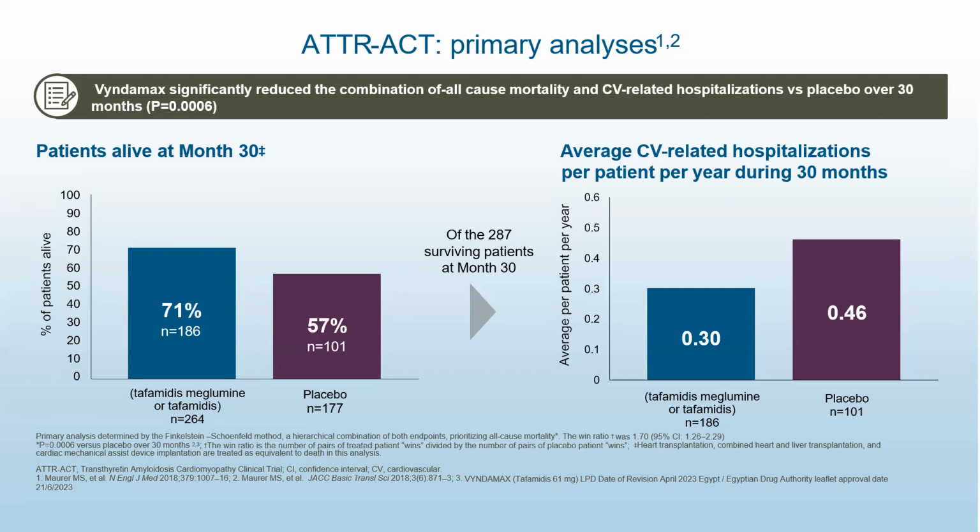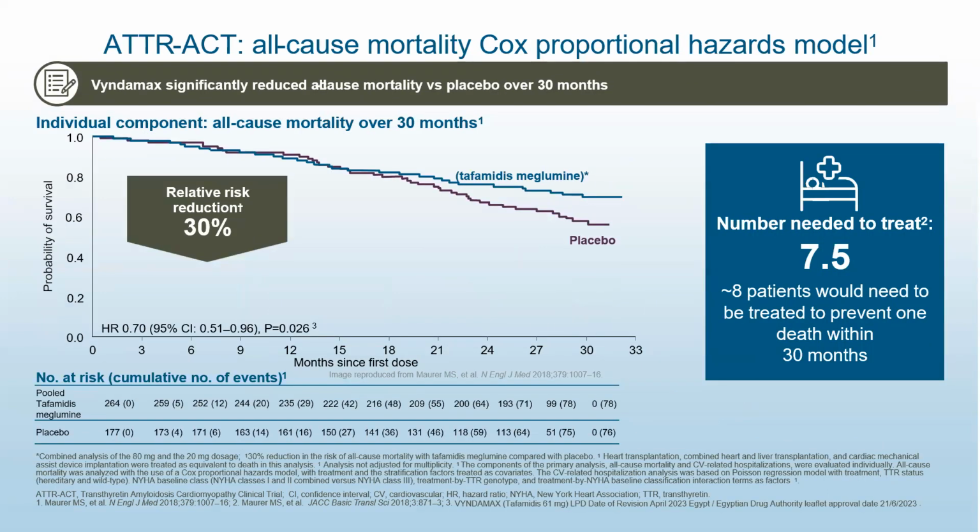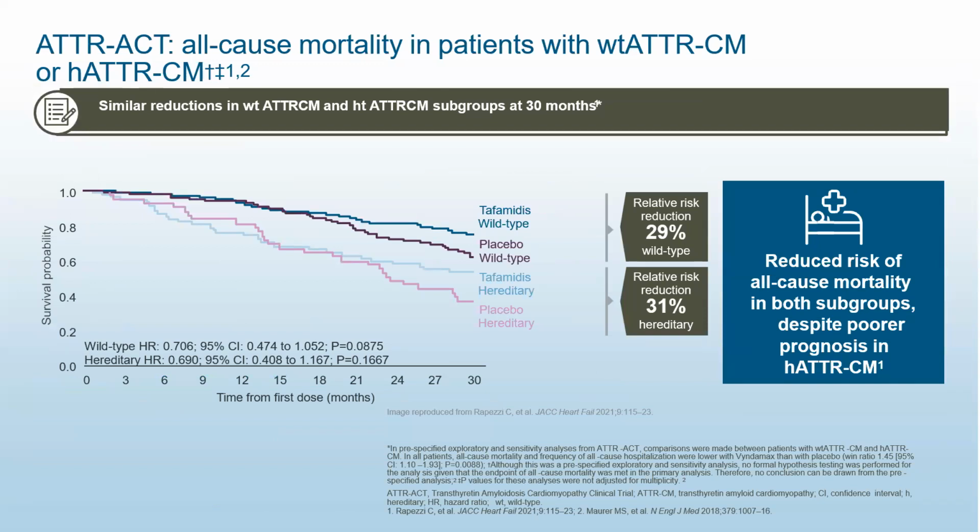At month 30, hospitalization was 30% in the patients with tafamidis and 46% in the patients with placebo, which means that you get a relative risk reduction of 30% regarding the primary endpoint, mortality, versus placebo, and the number needed to treat was 7.5 patients, nearly 8 patients. You mean you administer the medication to 8 patients and you save 1 life. This is as early as 30 months of administration of the drug.